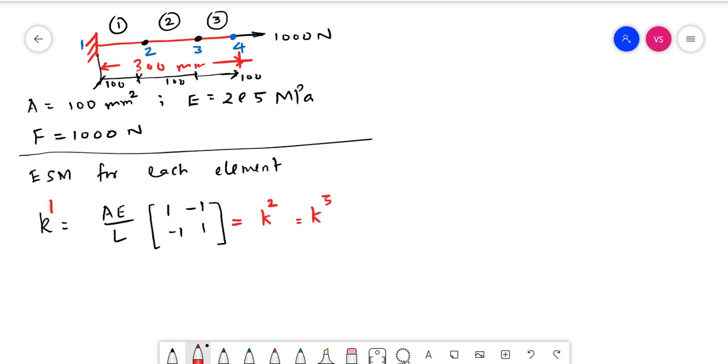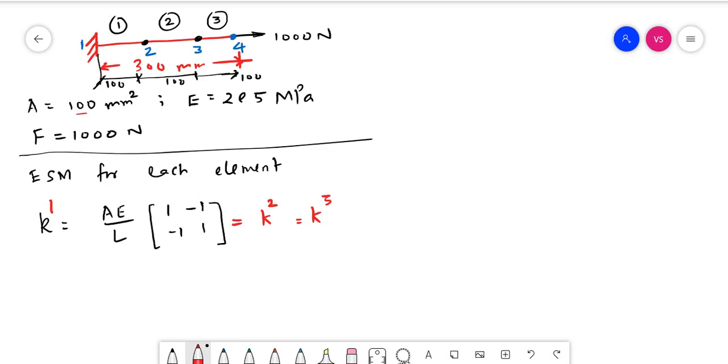A is the same for all elements, that is 100. E is the same, 2E5, and length is also the same, each one is 100 long. So for all the elements the stiffness matrix will be the same.